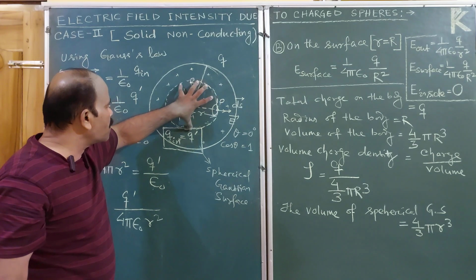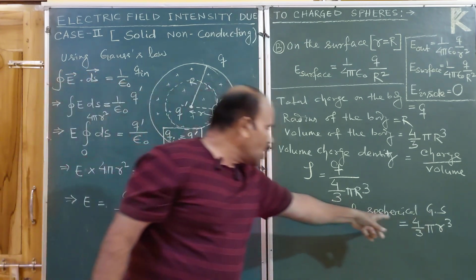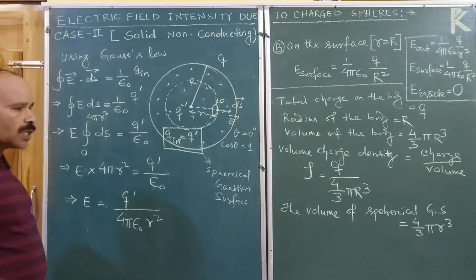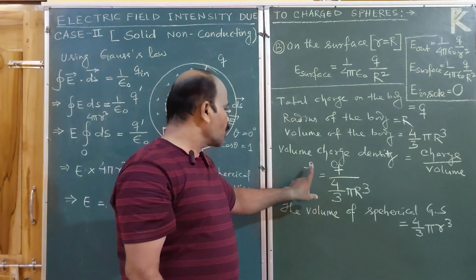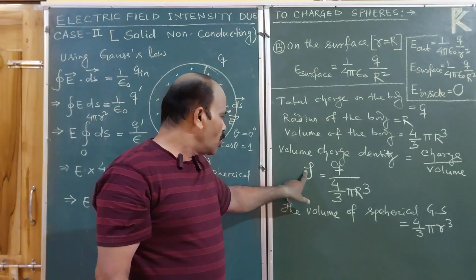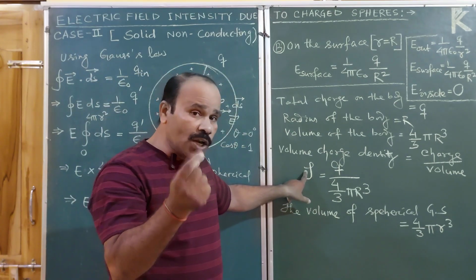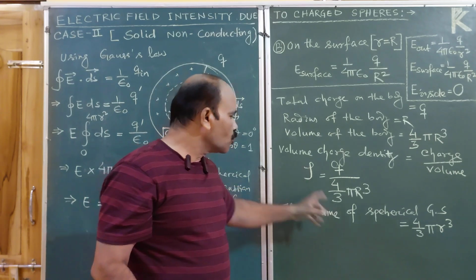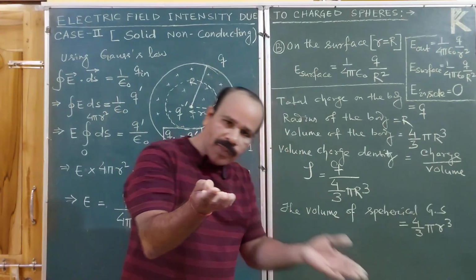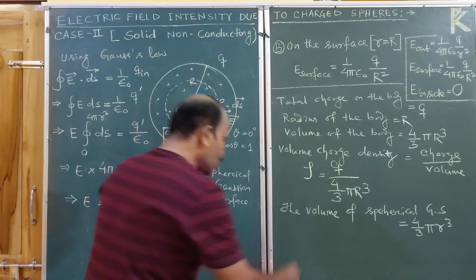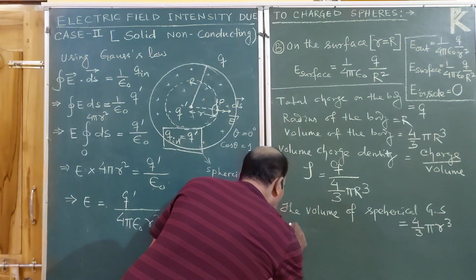So ये गॉसियन सरफेस का वॉल्यूम है 4 by 3 pi r क्यूब. तो बताओ यूनिट वॉल्यूम में अगर रो चार्ज है, तो 4 by 3 pi r क्यूब वॉल्यूम में कितना चार्ज होगा? वही तो मेरा होगा.